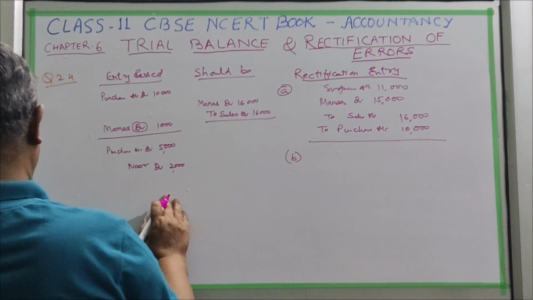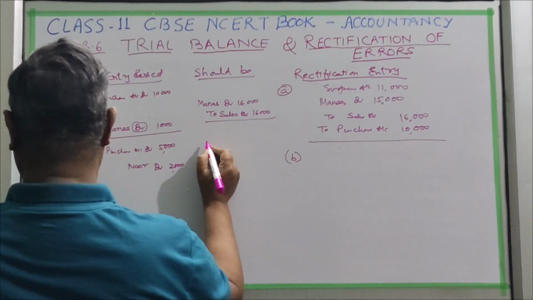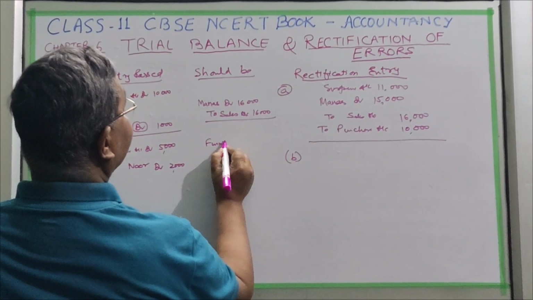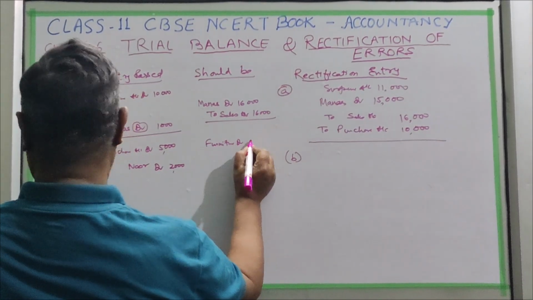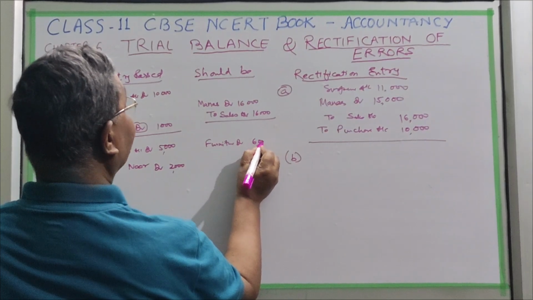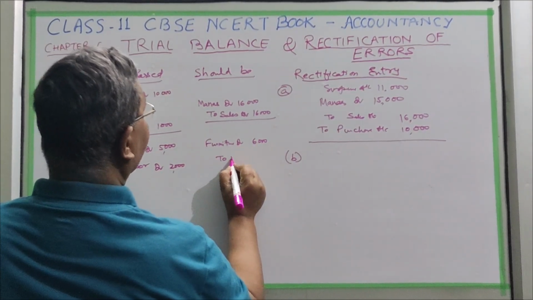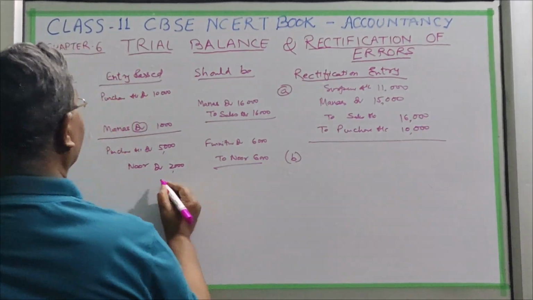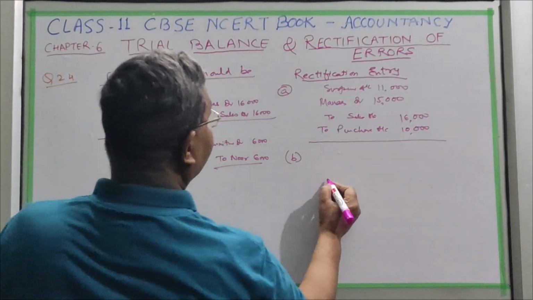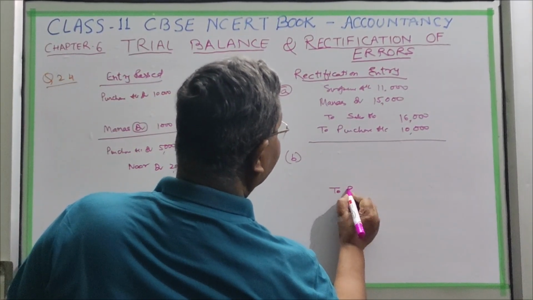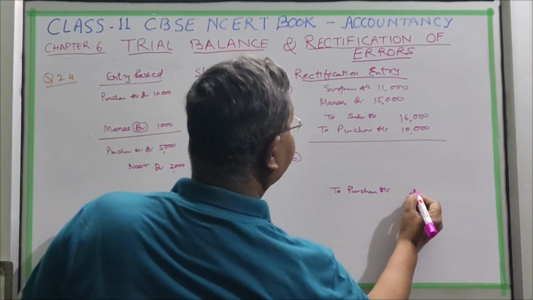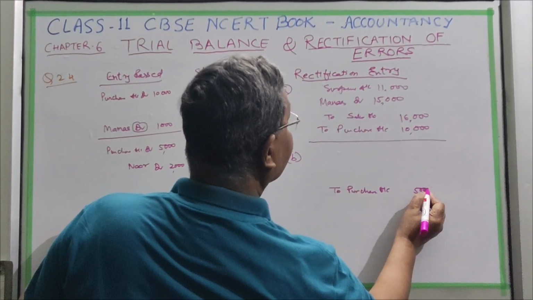Now correct entry should have been furniture account debit 6,000 to Noor 6,000. So correction will go: purchase debit, you credit to purchase account 5,000.